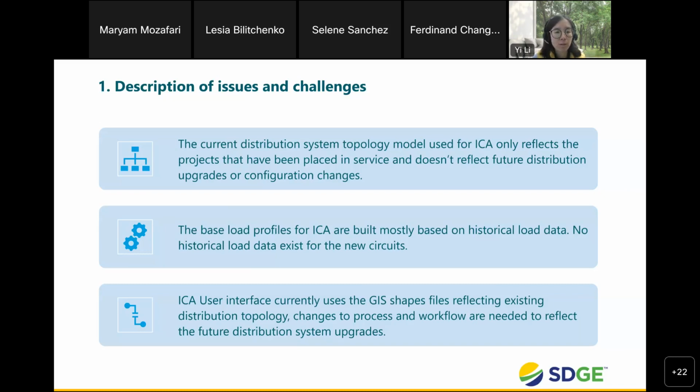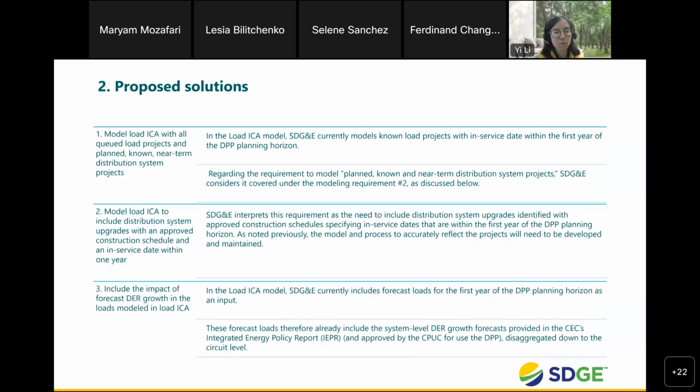In order to reflect the newer, future system topology or configuration changes, we have to make changes to our process and workflow to reflect those new data layers coming in via those future distribution system upgrades. So on a high level, those are some of the challenges that we are working through and hoping to address with the solutions to implement the 5 modeling changes requested by the ALJ ruling.